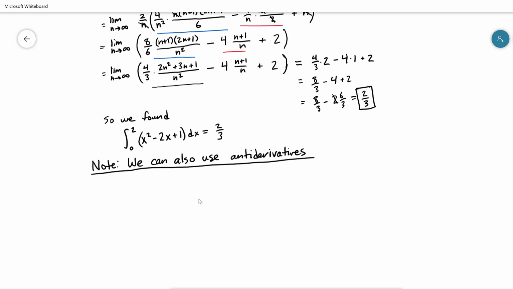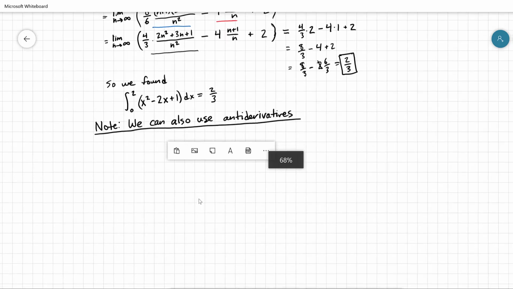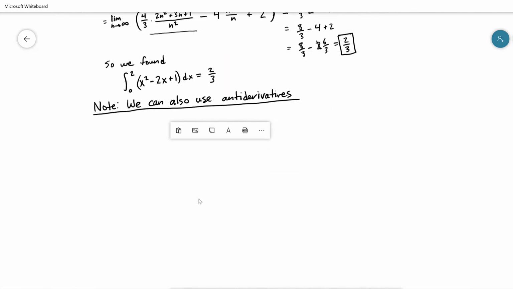So we've done it the long way, but I want to show you that we can get that same answer with a little bit easier method going forward. I mentioned this idea of an antiderivative is the same thing as an integral.